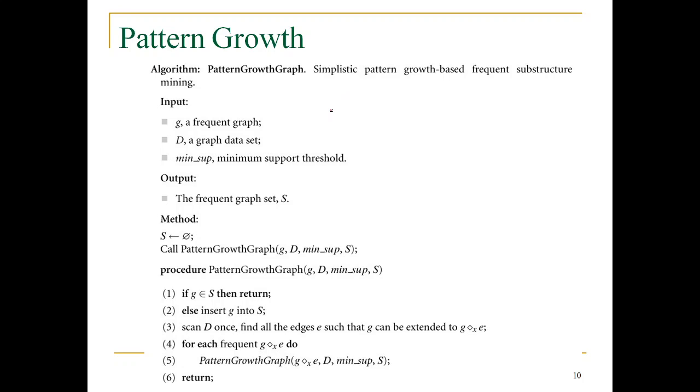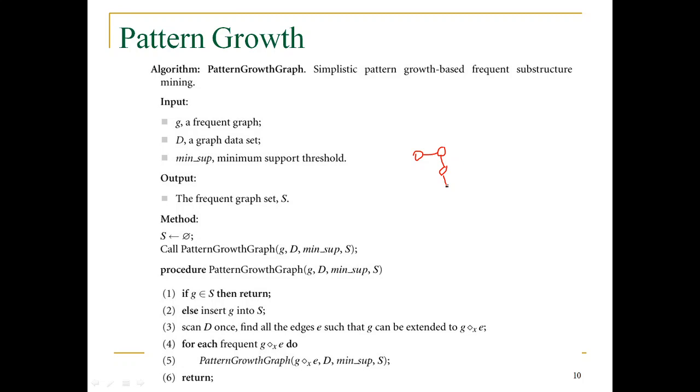So in the pattern growth, we have taken the data with the graph sets and the minimum threshold value, and the output graphs we are going to get, and we are going to call the pattern growth. Every time an edge is joined with the graph, we are going to find out the minimum support. If the subgraph satisfies the minimum support, then we take that graph as a pattern.